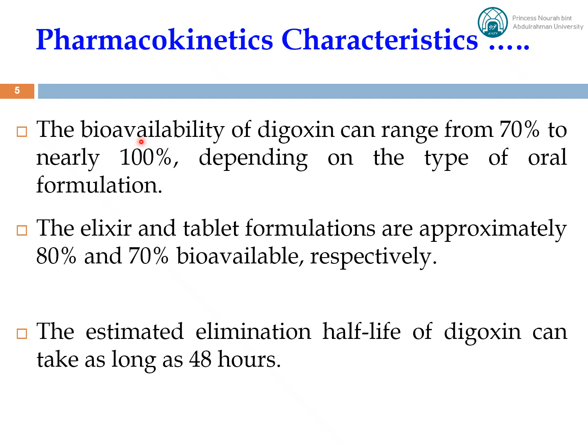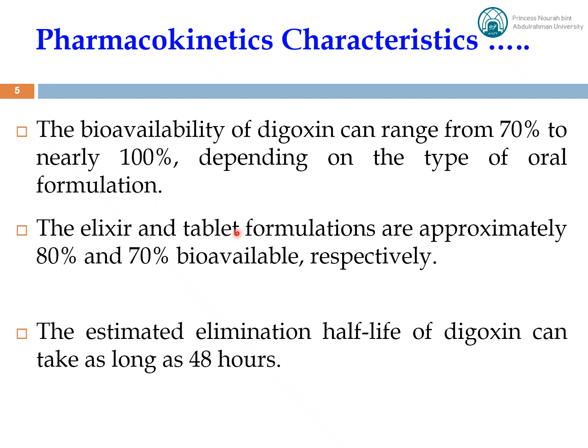You have been taking this F value with Dr. May or Dr. Hadil, and I remember that Dr. Hadil has asked you about the bioavailability and absolute bioavailability. Depending on the type of oral formulation, the bioavailability could range from 0.7 up to 1. If the drug is administered by intravenous route, the bioavailability will be 100%. Definitely, the F value will be 1.